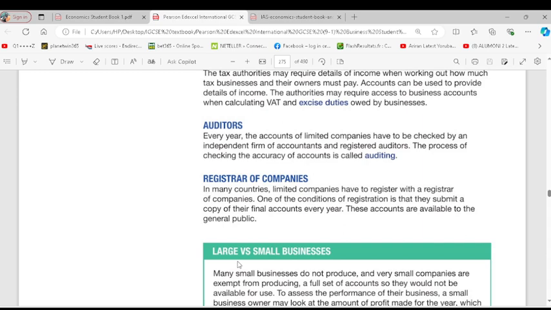So the registrar also, you have to submit your financial accounts to them every year, to monitor if whatever you have given them in the MOA and AOA are still intact. You give them your MOA and AOA.